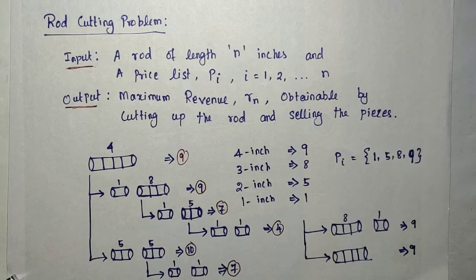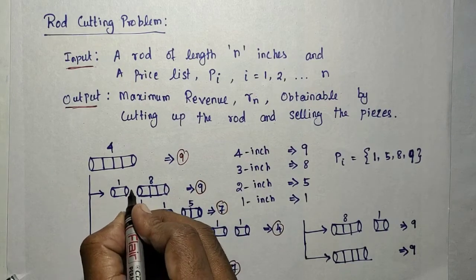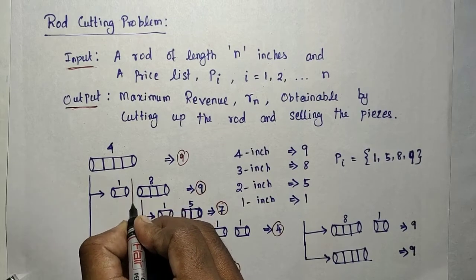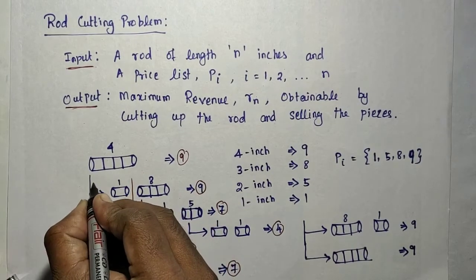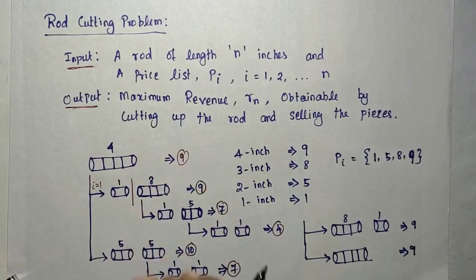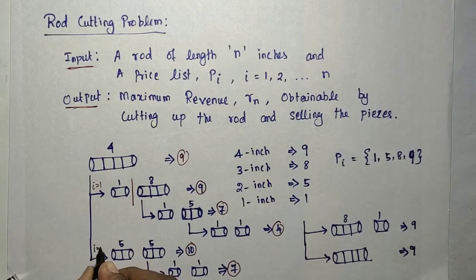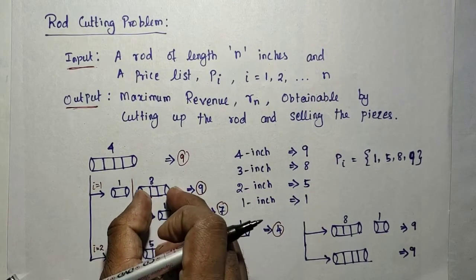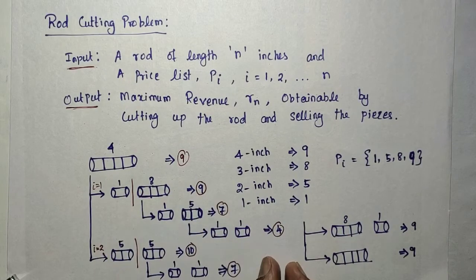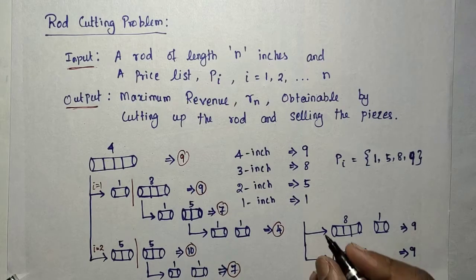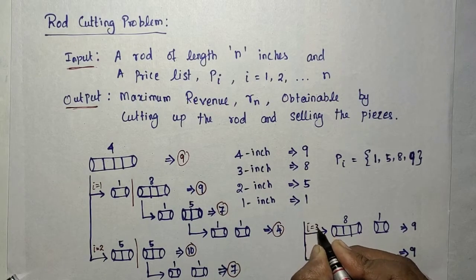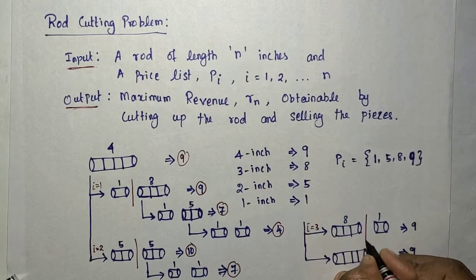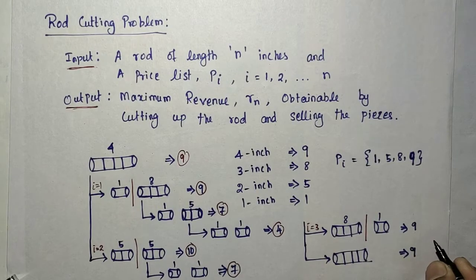So the algorithm will start like this: the cut made on the first inch, so i equals 1. The cut made on the second inch, i equals 2, and for the second piece we check the possibility. Here also for the second piece we check the possibility. And i equals 3, the cut made on the third inch, so what is the possibility.